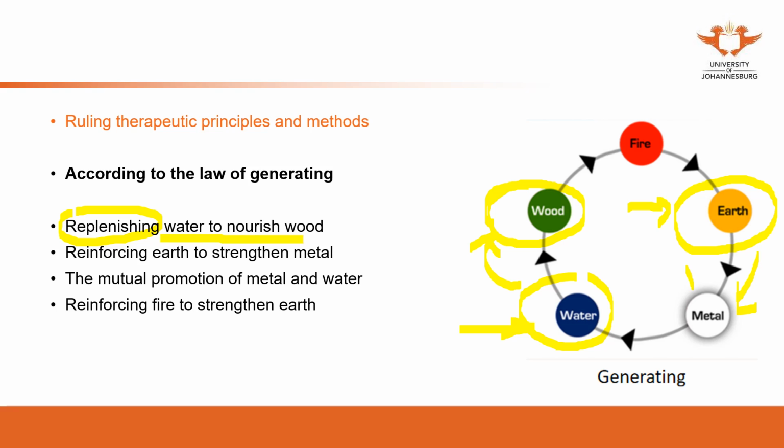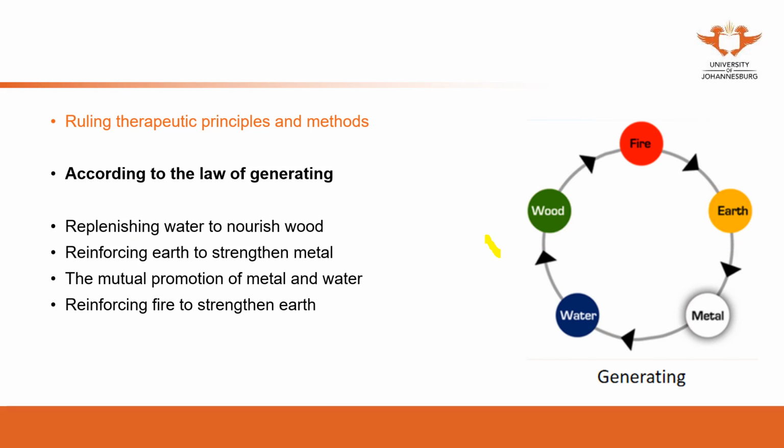In the water and wood situation, we tonify the kidney to assist the liver problem. The mutual promotion of the metal and water: we assist both of them. Reinforcing the fire to strengthen the earth: fire and the earth.